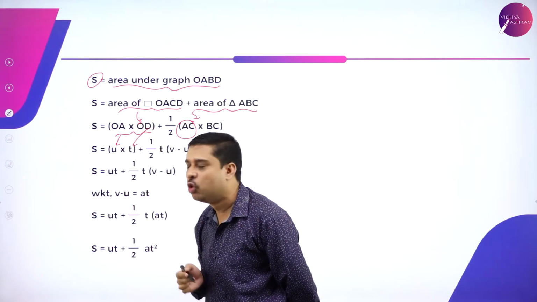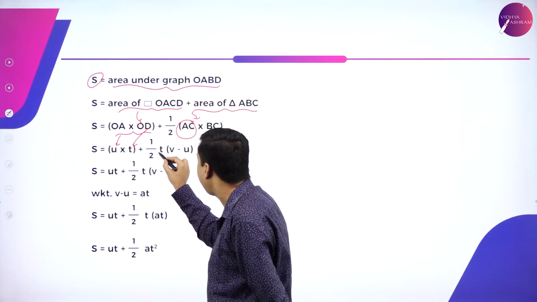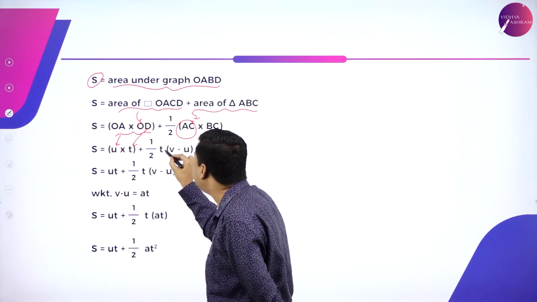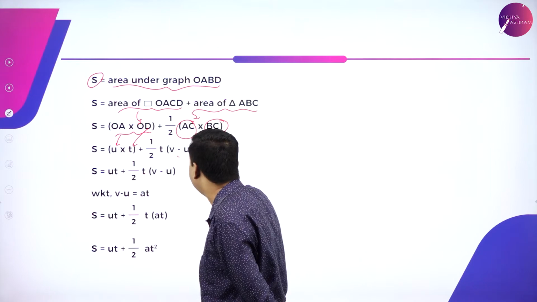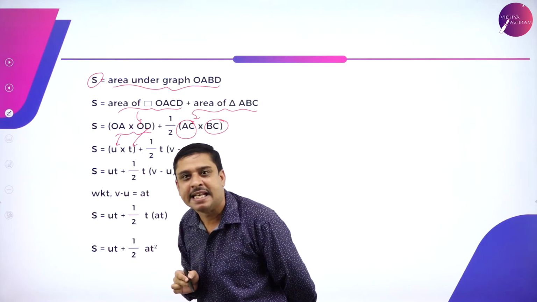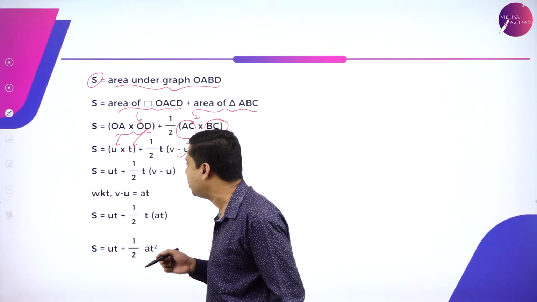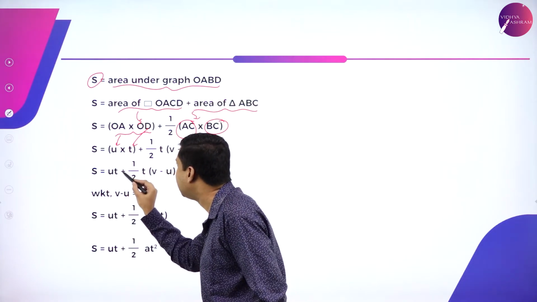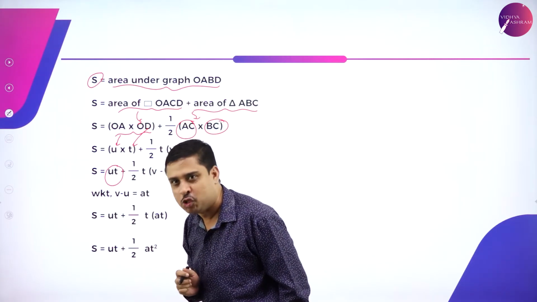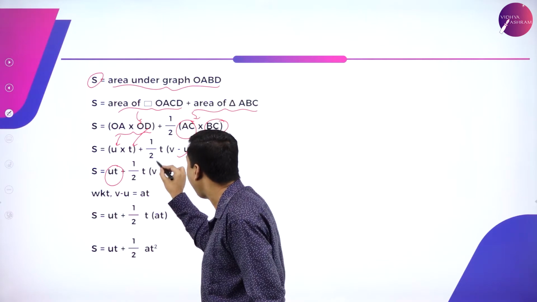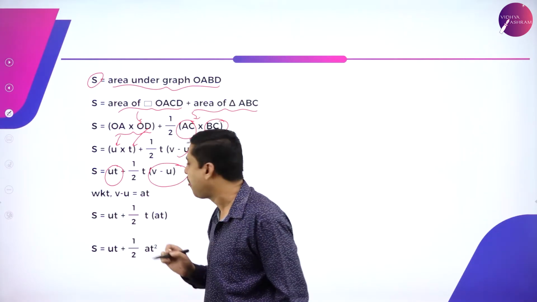Half, AC is T, and BC we have written as V minus U. So S equals U into T, which is UT, plus half T into (V minus U).